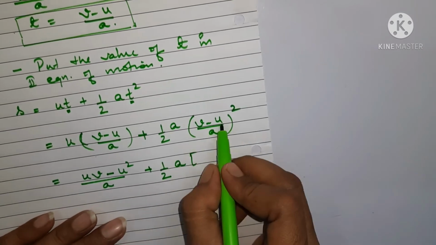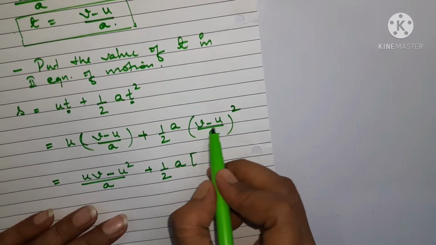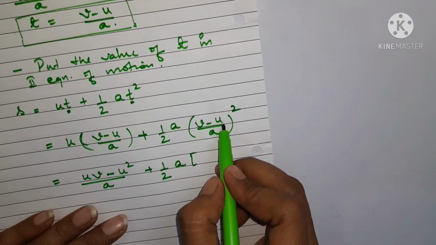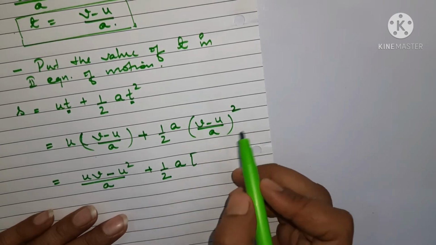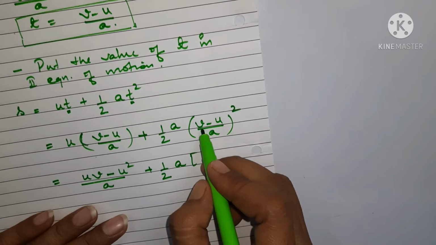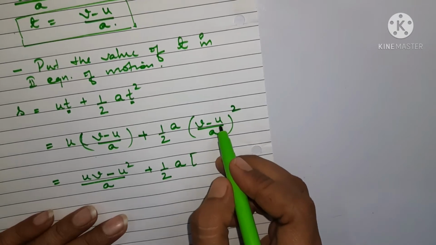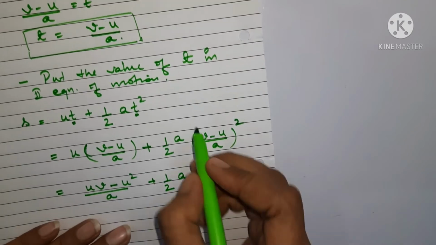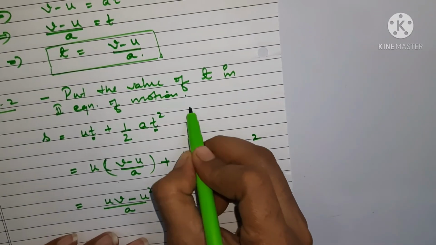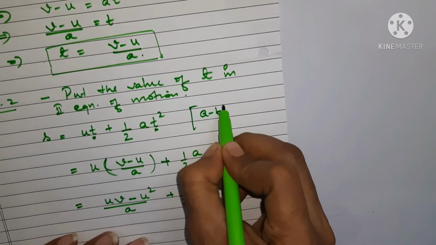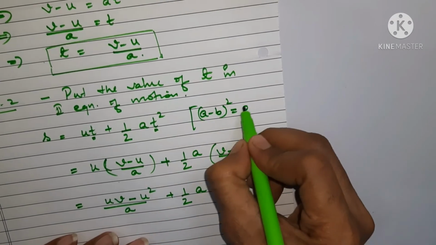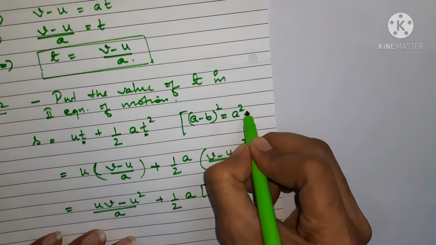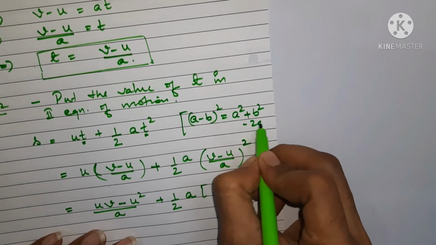Open the bracket by using the mathematical identity: a minus b whole square gives you a square plus b square minus 2ab.